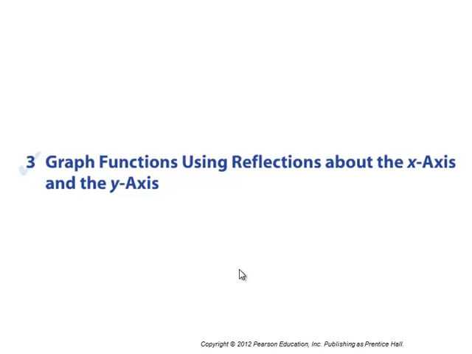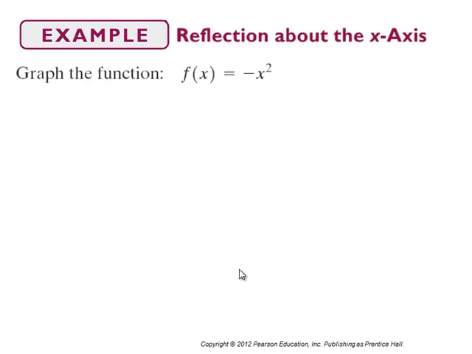Now let's talk about what happens when you multiply the function by a negative or replace x by negative x. And the results would be some sort of reflection about some coordinate axis. Now, first of all, if you replace the function by the negative of the function, in other words, just put a big fat negative in front of the function, what effect does that have on the graph of the original function?